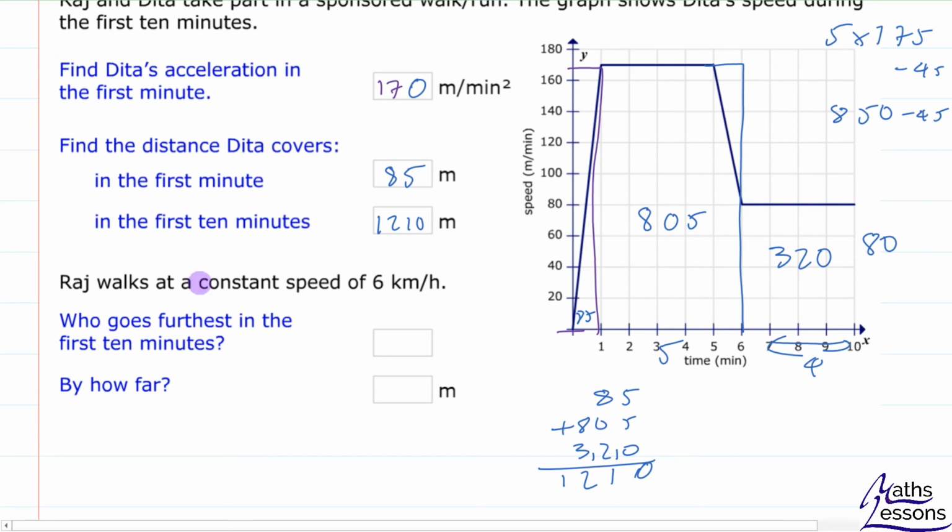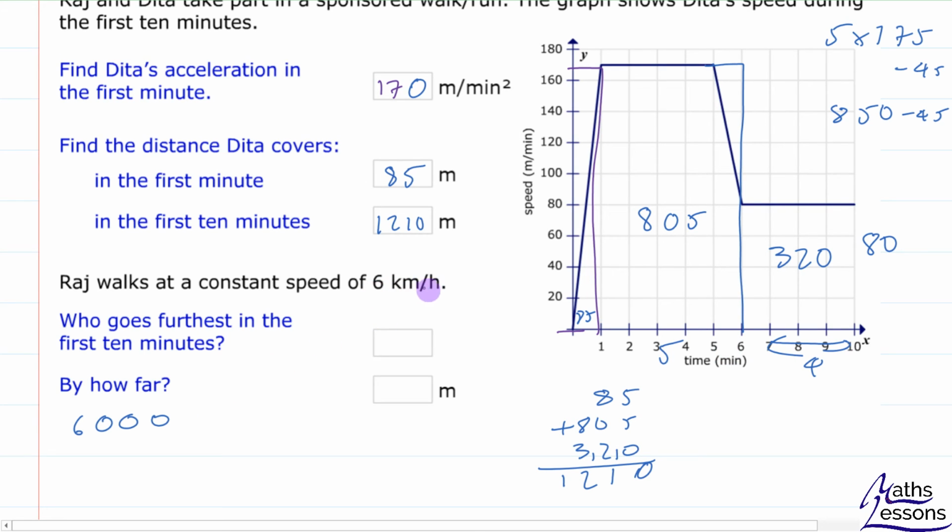Okay, Raj walks at a constant speed of 6 kilometers an hour. So that's going to be 6,000 meters in 1 hour. And this is over 10 minutes.